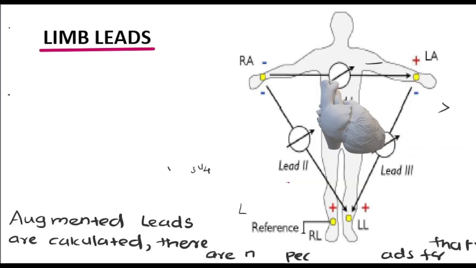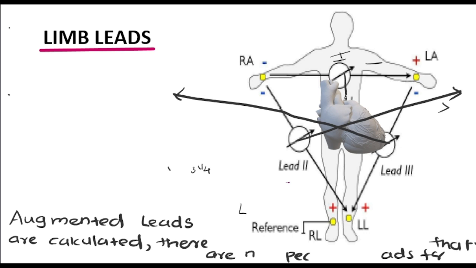So they thought, we will calculate a lead, a mathematical calculation. We will hypothetically think of a lead that is perpendicular to lead 2, a lead that is perpendicular to lead 3, and a lead that is perpendicular to lead 1. So these are the leads.